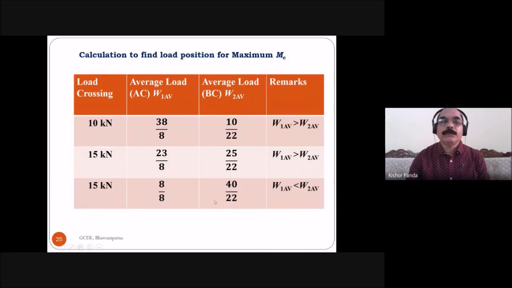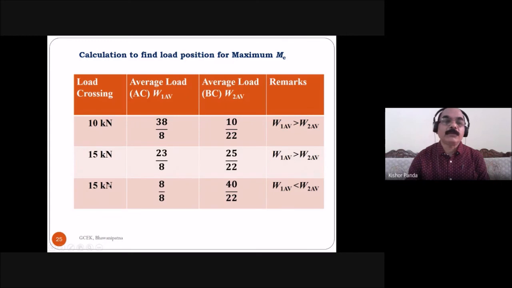So here, when the third load is crossing, the average load on the right side is greater than on the left side. W1 AB is less than W2 AB, so W2 AB is greater than W1 AB. So you will get the maximum bending moment when this load is crossing.